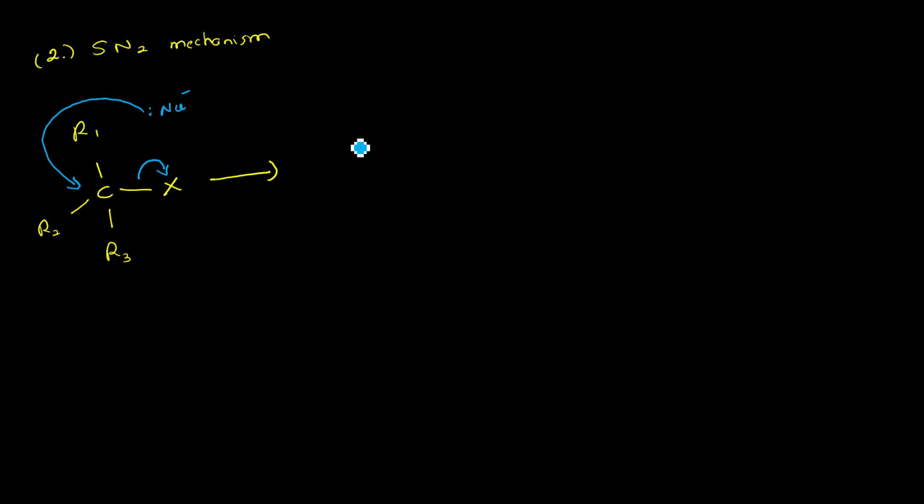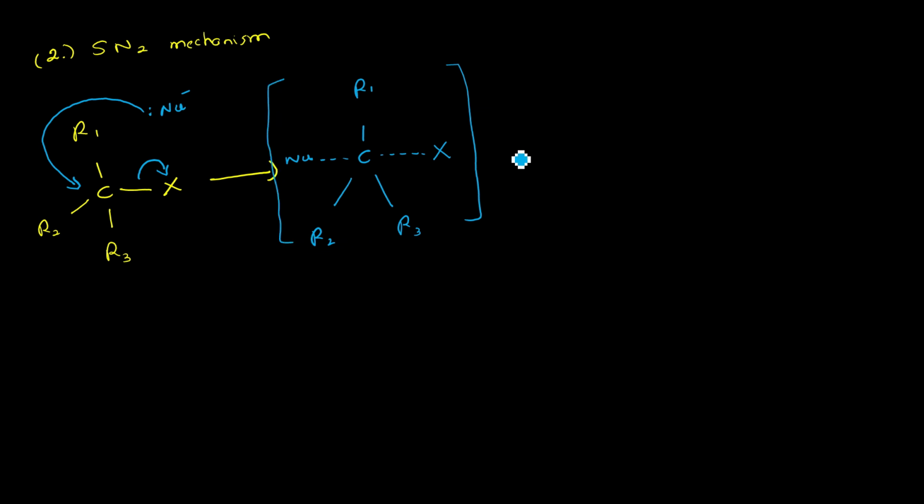So you will have a transition state like this: R1, R2, R3, and a half-broken X-C bond and a half-formed nucleophile-carbon bond. This is the transition state.